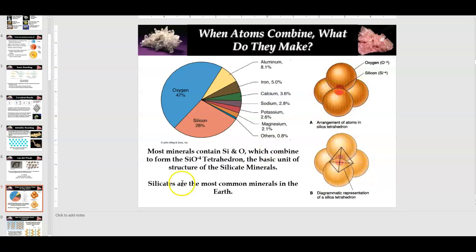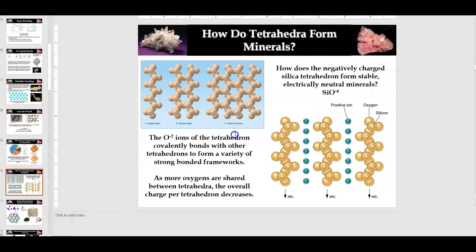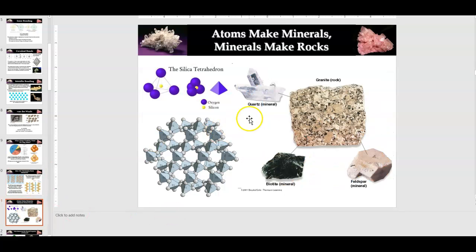What is basically happening here is that they don't have their full charges met, so they try to covalently bond with each other in chains. And so you have what we call single chains, double chains, or sheet structures, which are sheet chains in a sense. They bond together because of those chains, and they'll form different structures.